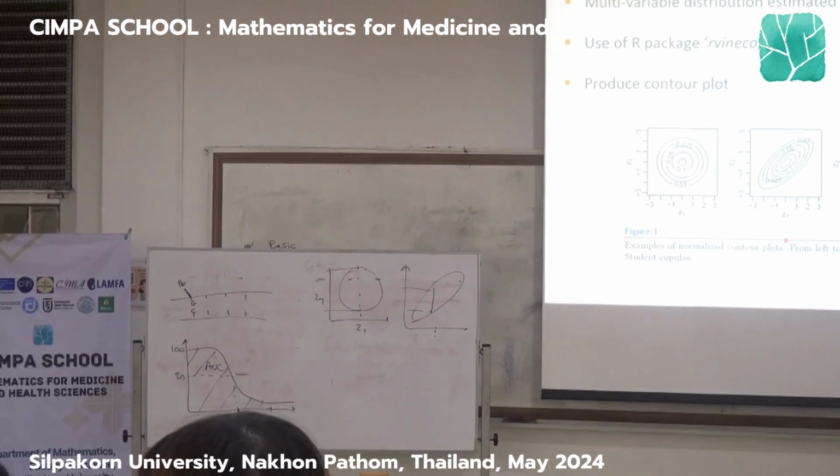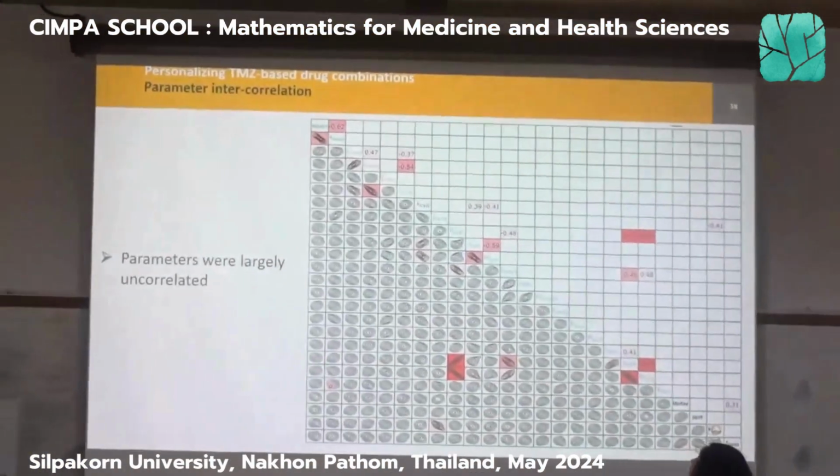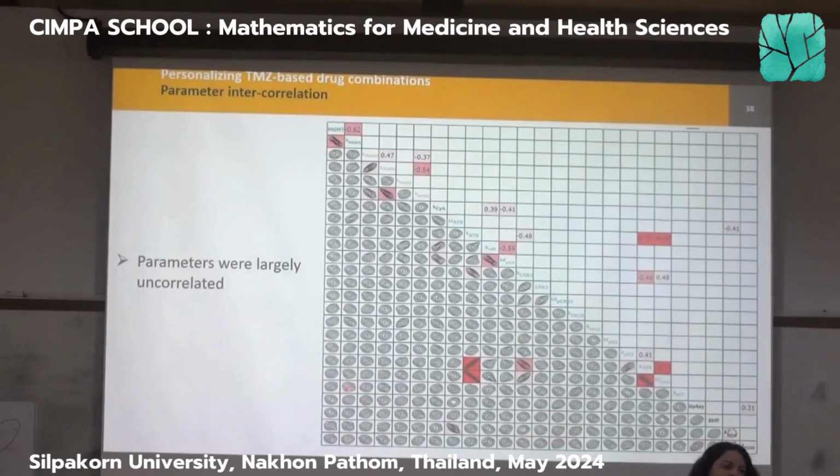Okay, so we do that for all parameters, or almost all parameters, actually not all of them. And this is what you get. Can you read that? Not sure. Okay, I have a zoom after, don't worry. So, you don't see it, but on the diagonal, those are the parameters.